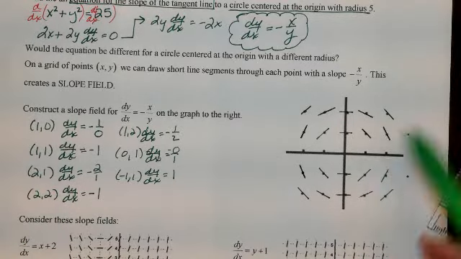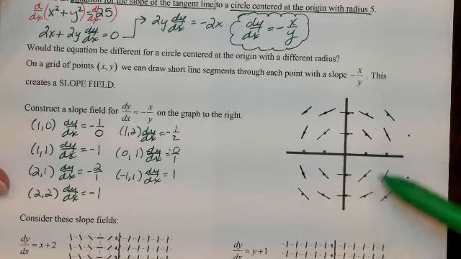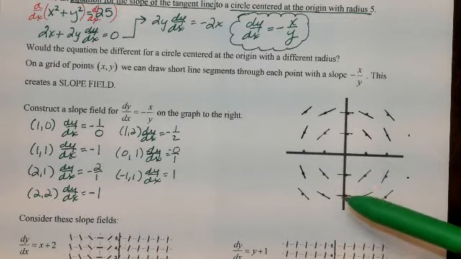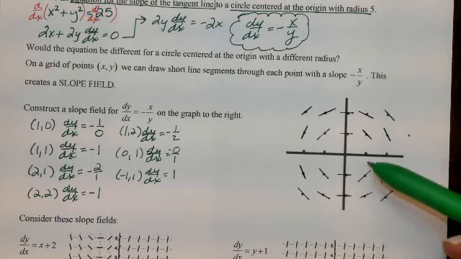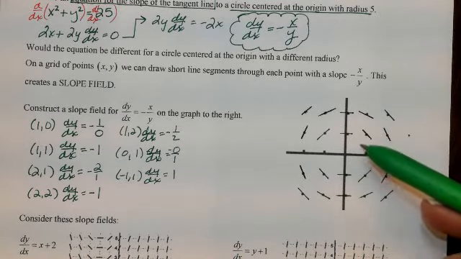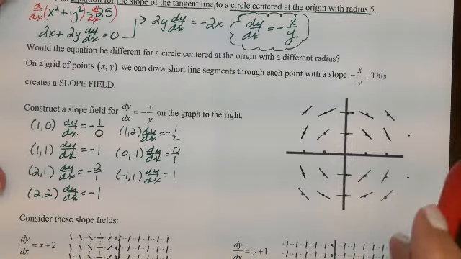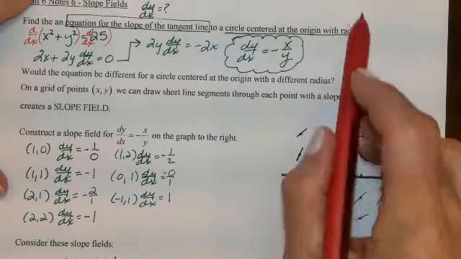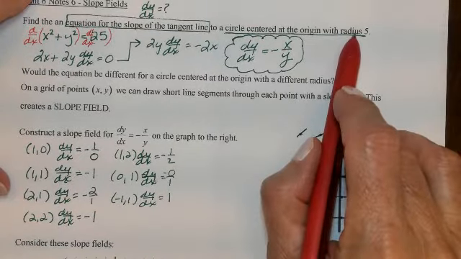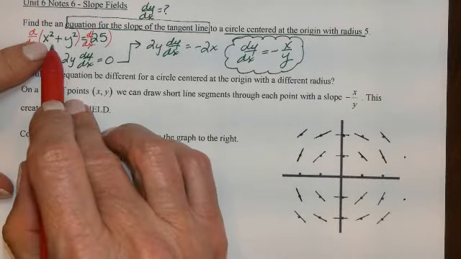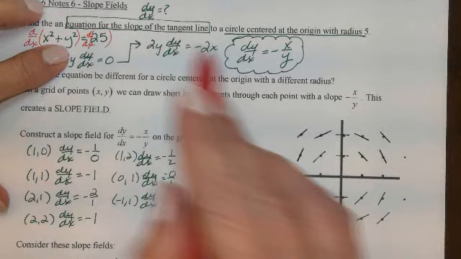All right. This is the slope field. Okay? This gives us the possible, it really does give us the family of solutions. If we knew of an initial point, like if we knew that the radius was 5 here, so that would mean that the point 0, 5 was on the circle.